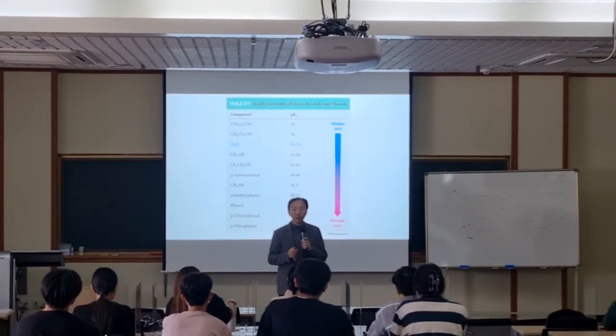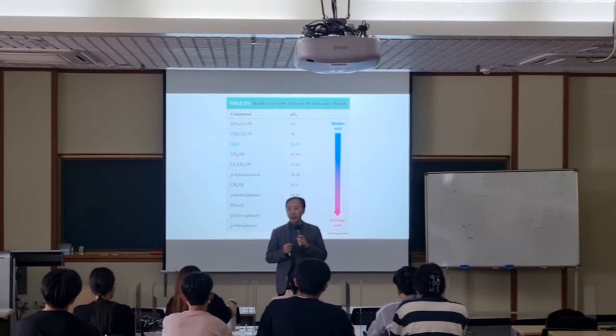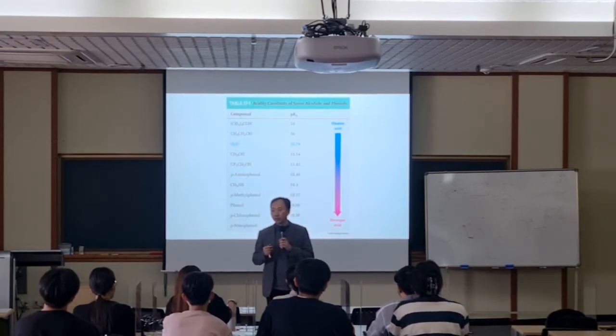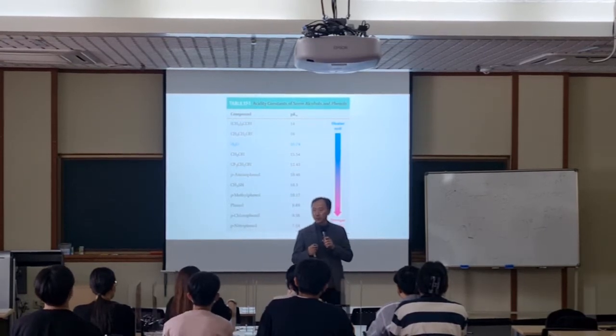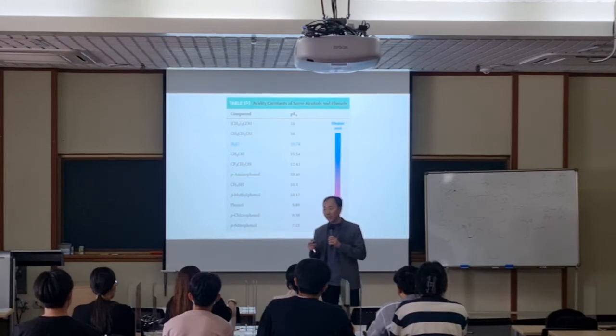Carboxylic acid pKa 3, 4. We call it weak acid. Phenol pKa 10. That's even weaker acid, but we call it acid. Water, alcohol, pKa 16. That's neutral. If it goes higher than that, pKa 20, then it can be basic.